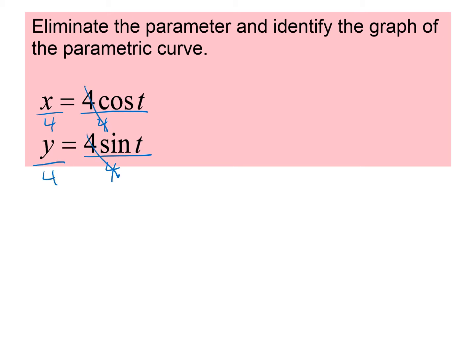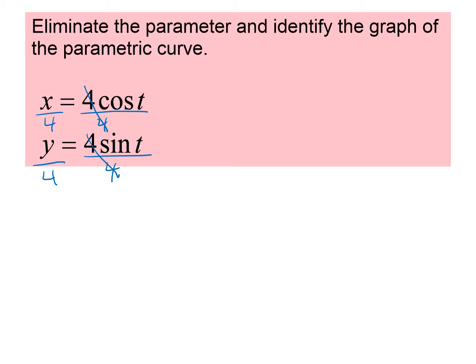And so I find out that cosine of t is x over 4 and sine of t is y over 4. And so instead of doing inverse cosine, I want to think about, is there an identity that relates cosine and sine? More specifically, a Pythagorean identity that relates cosine and sine.